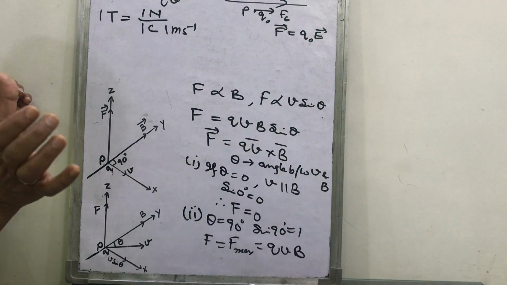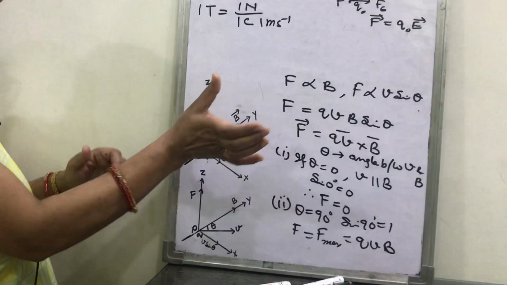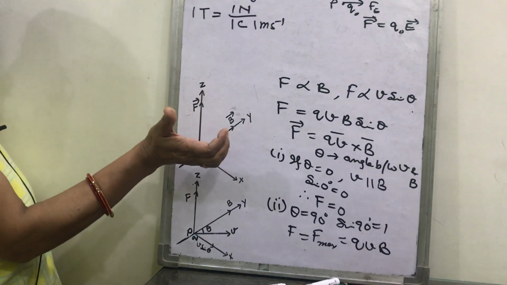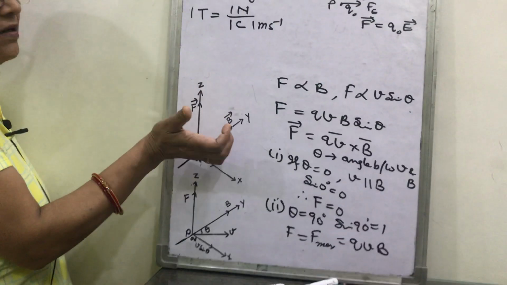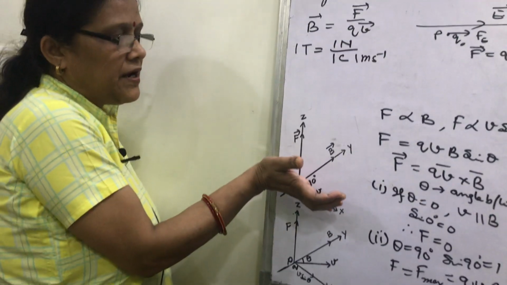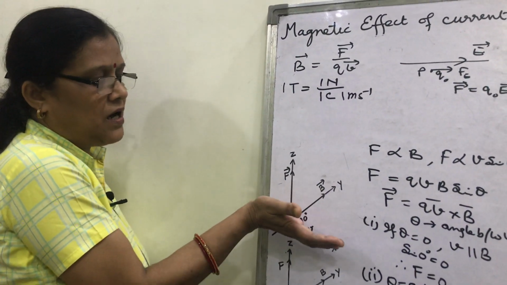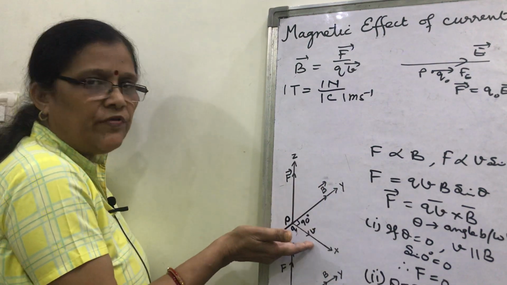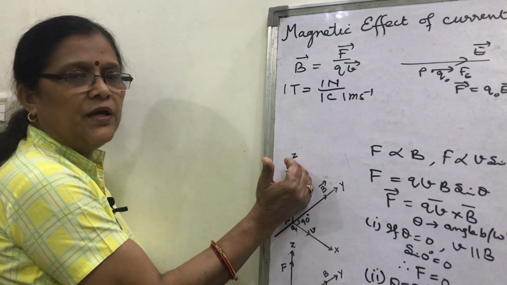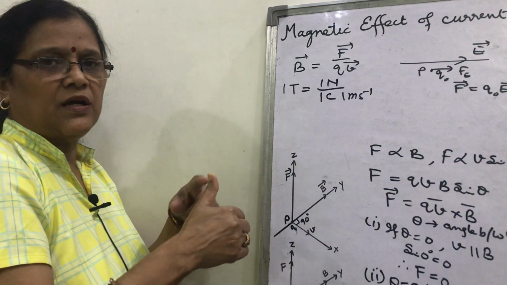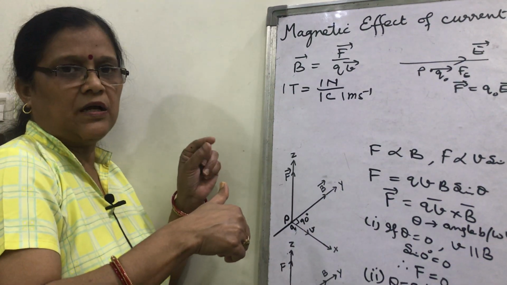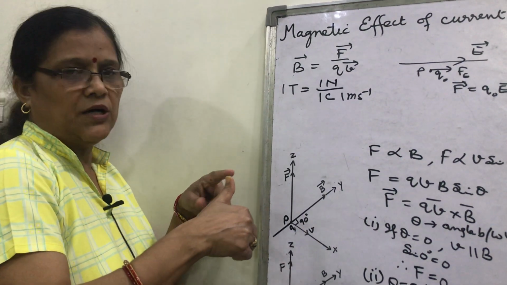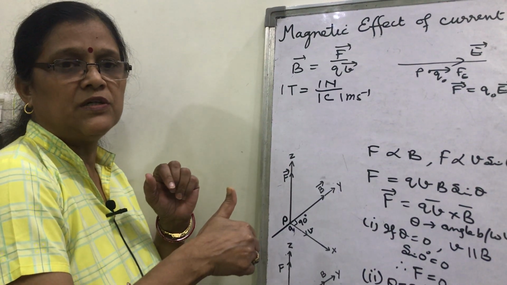How will you use the right hand screw rule? If the screw is taken in the right hand, and the curling of the fingers is from V towards B, then the thumb, the advancement of the screw, denotes the direction of force.